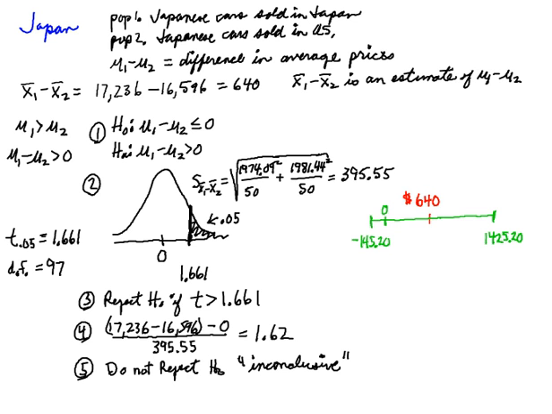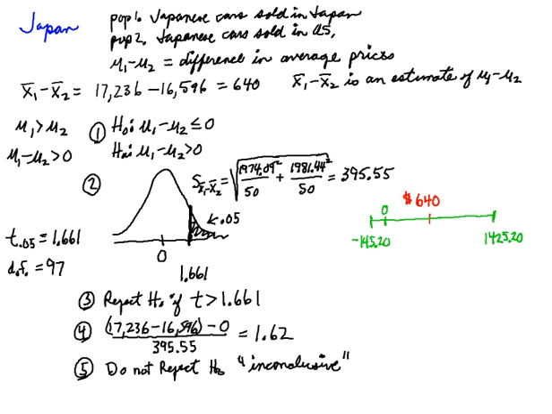In some sense being inconclusive as to which one is larger, either the mu1 or the mu2. Now, there's stronger evidence that the mu1 minus mu2 is greater than 0, that Japan is charging more for their cars in Japan, but not under a 95% confidence.